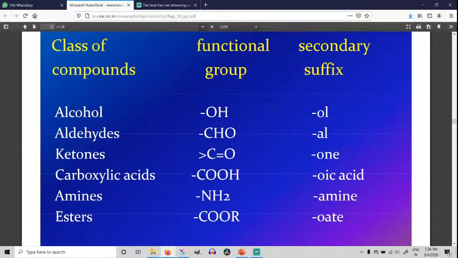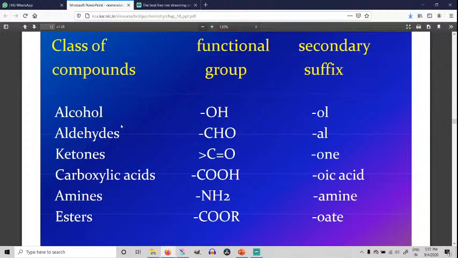We have already understood where we use the prefix. If any halogens are present, fluorine, chlorine, bromine, iodine, in the carbon chain, their name should be used as a prefix.